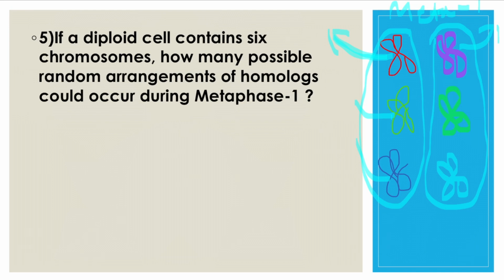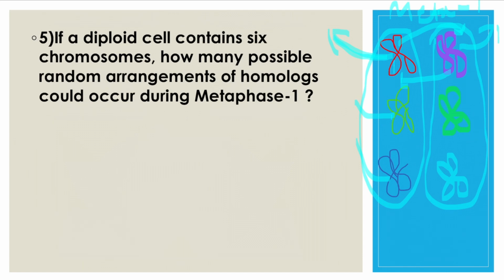But they can also change position. Homologs can change position in a different scenario. This pink one can come here and this red one can go here. The combination will change because homologous chromosomes are similar but not the same.